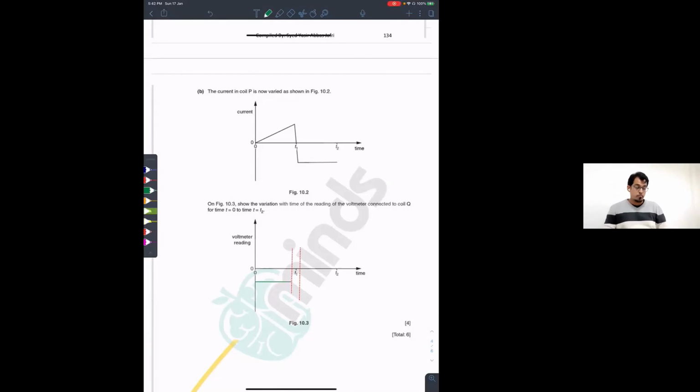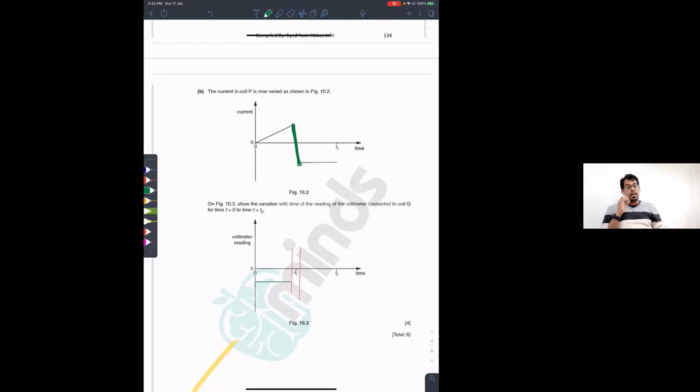Why till here? Because during this two dotted line region, the value of current is actually decreasing. When current is decreasing, change of current is negative, so EMF should be positive. And one more thing you should have noticed: rate of change of current from 0 to T1 was less.